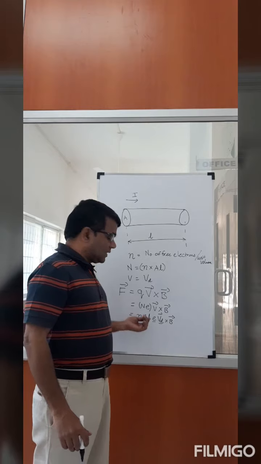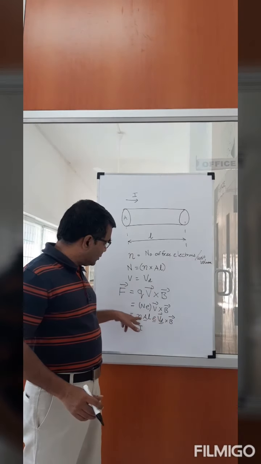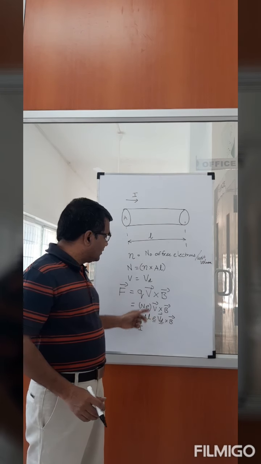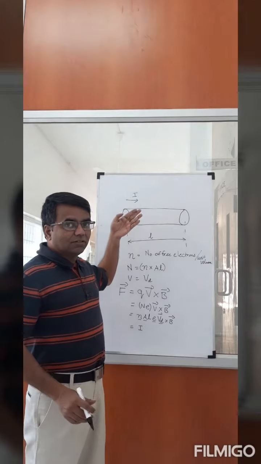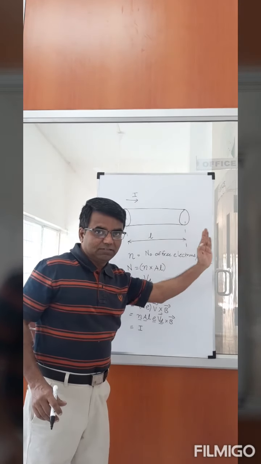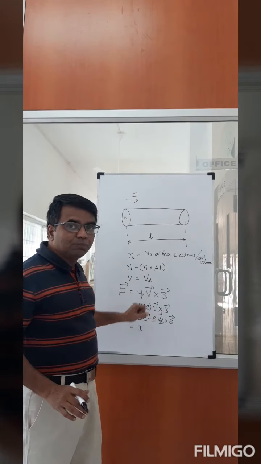But the current is not a vector quantity, so I cannot associate a vector to this current I. So I'll take the direction of L to be in the direction of flow of the current. Since current is not a vector quantity, I'm going to associate this vector to the length.